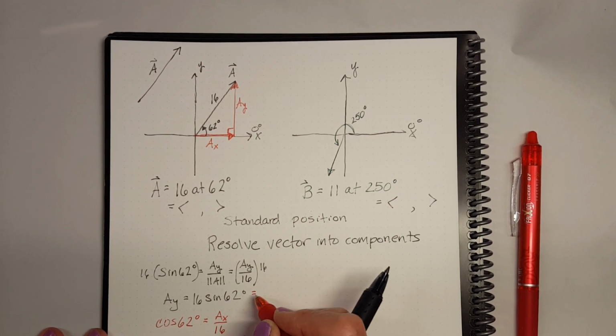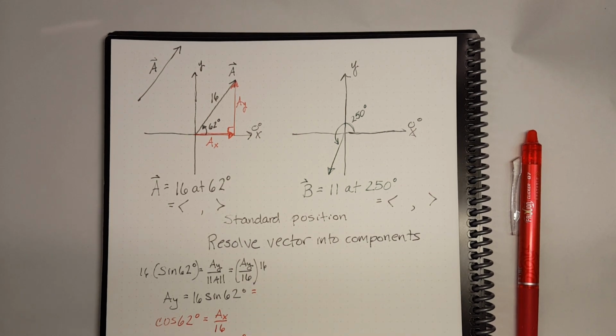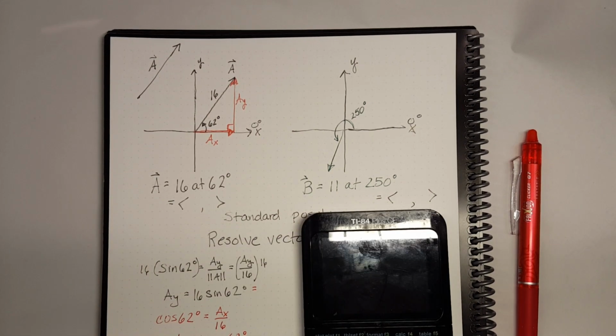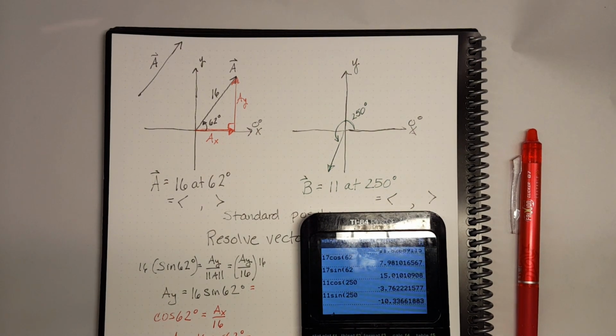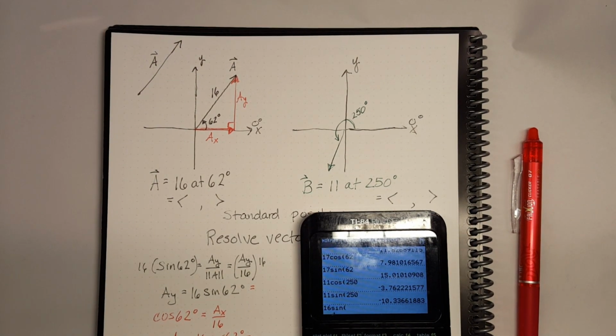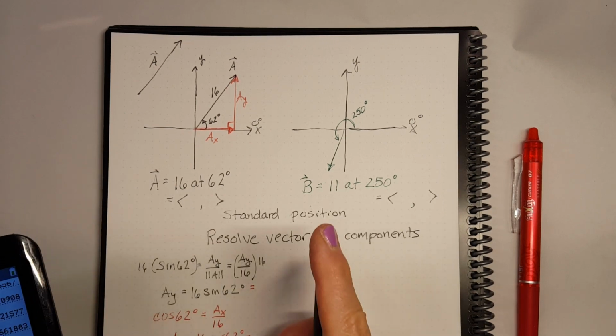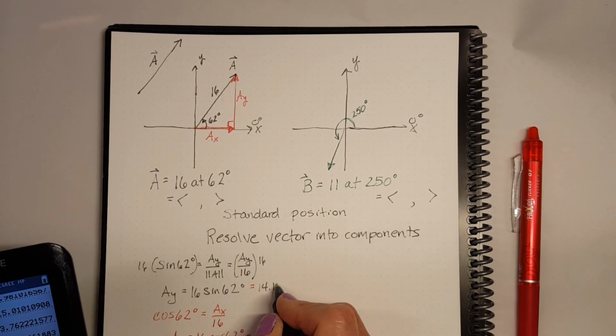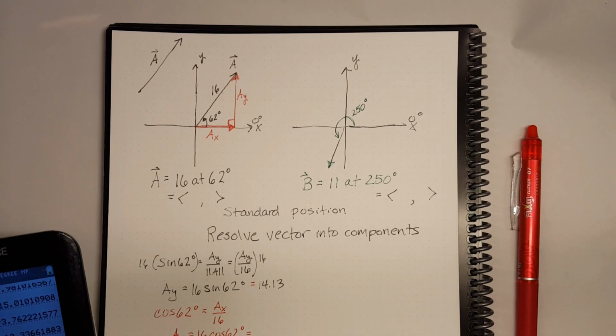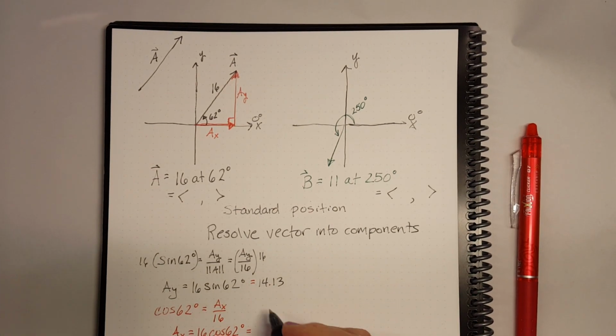And we can get those two numbers on the calculator. So if we do those, we get, let's see, 16 times the sine of 62 is 14.13. And 16 times the cosine of 62 is 7.51.